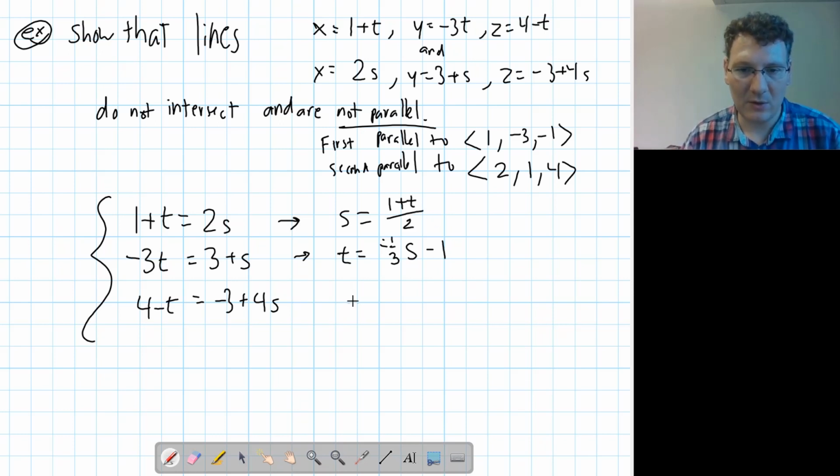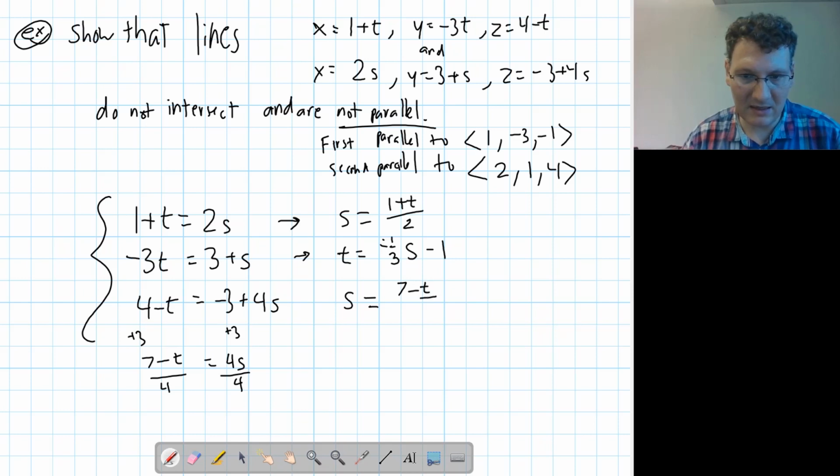And the second one would be, if we add 3 to both sides, 7 minus t equals 4s. We divide both sides by 4, so s is 7 minus t over 4.